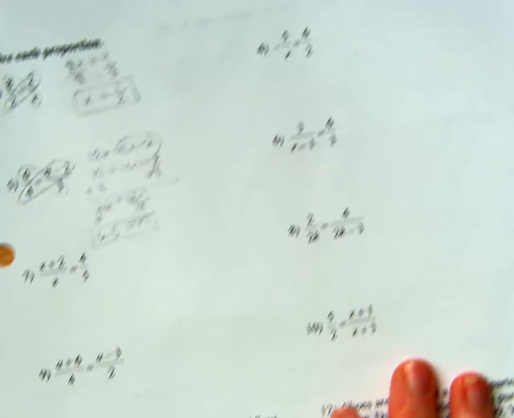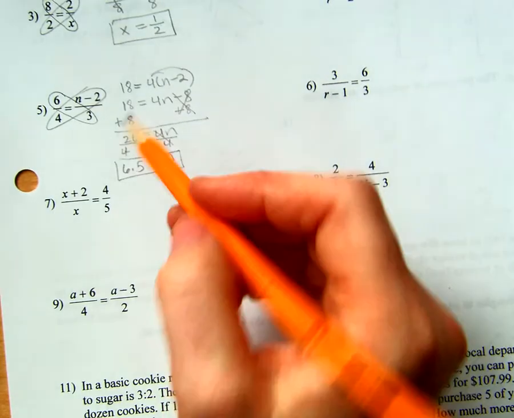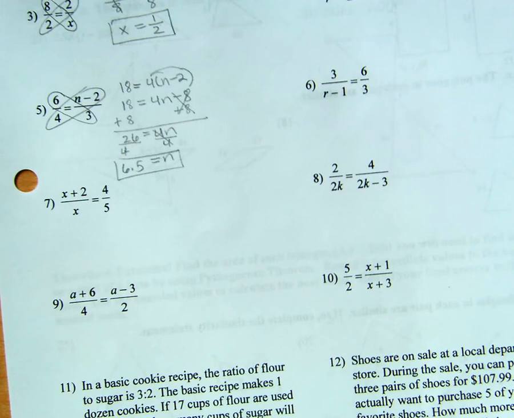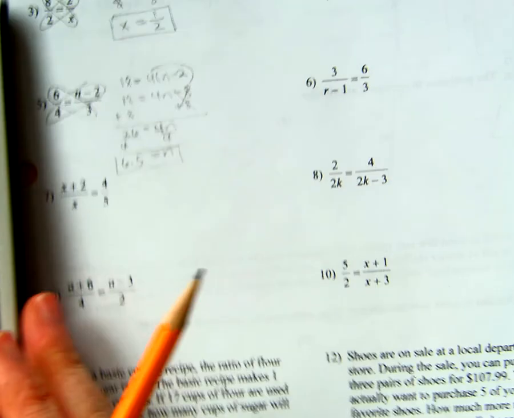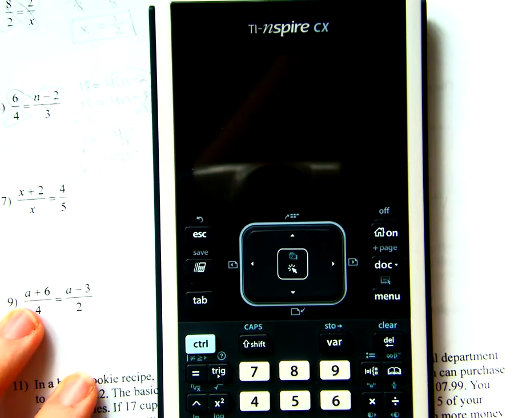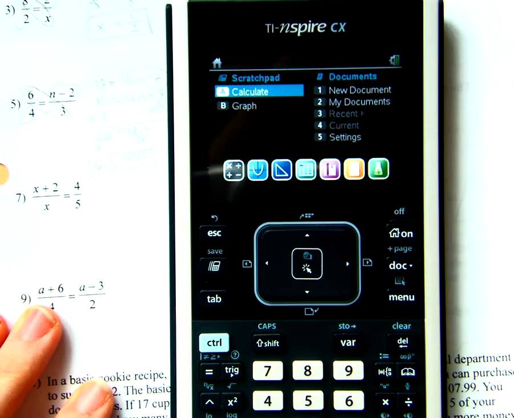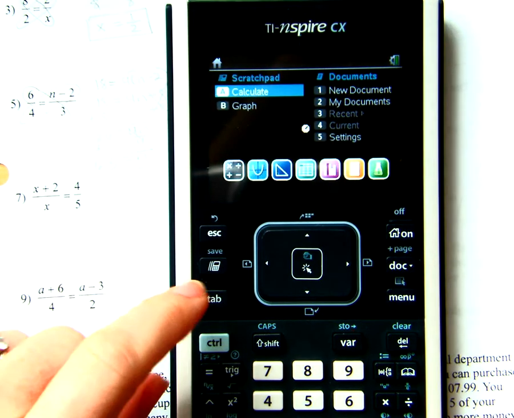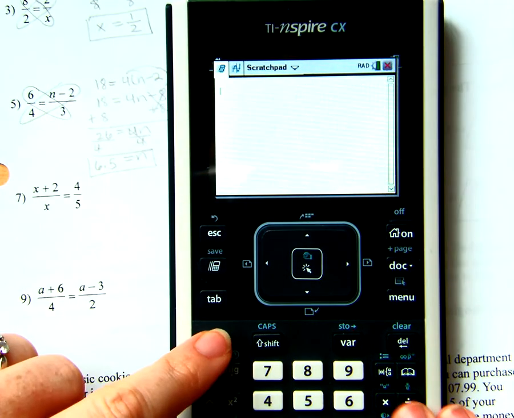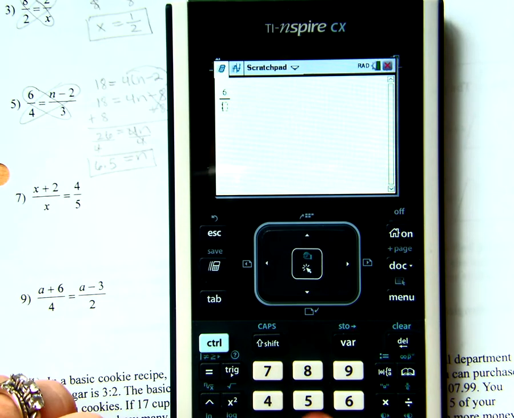All right, number 7. And I guess I could have just checked it. Here, I'll do that for you guys so you can see what that check looks like. Plugging it in and making sure that common ratio is actually the same. So if I'm checking my work here, then I'm going to show that 6 divided by 4. So I'm going to hit Control Divide, 6 over 4.